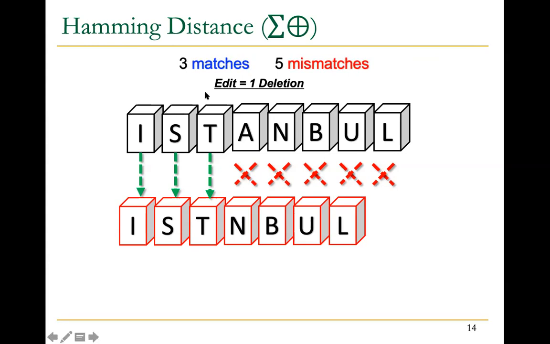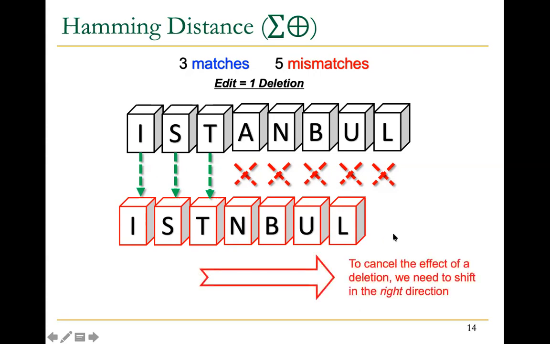So we have only 3 matches and 5 mismatches. Although we deleted just one character, we made one edit operation. So what is the cause for all this high number of mismatches? Is the deletion, right? Because we deleted one character from here, then all trailing characters from there are shifted by one step to the left side.